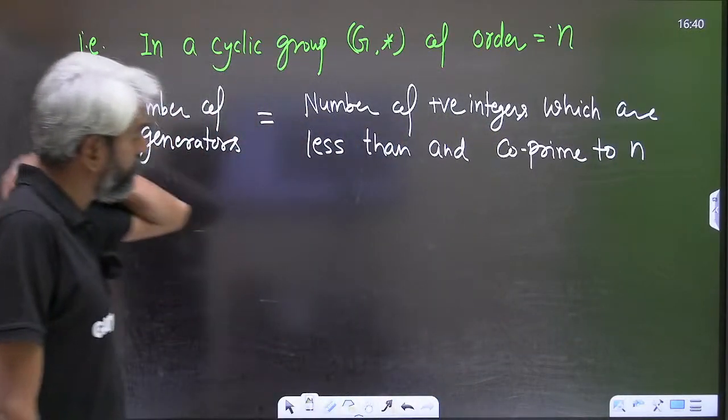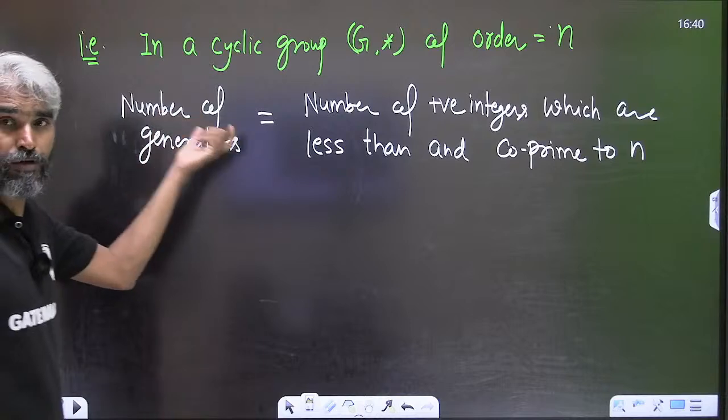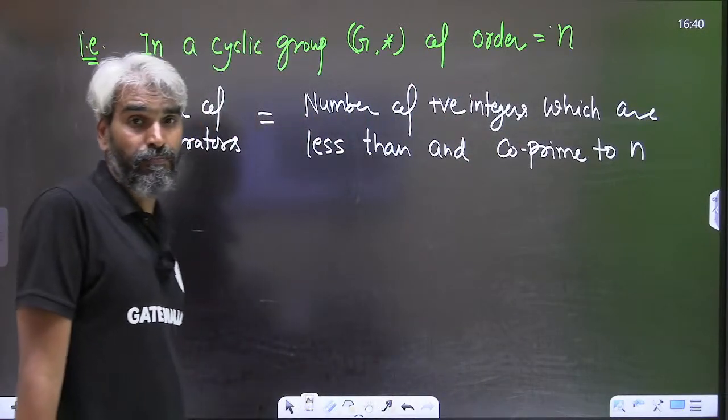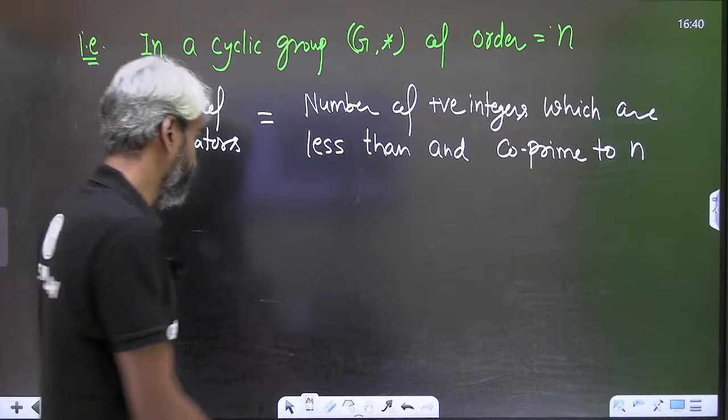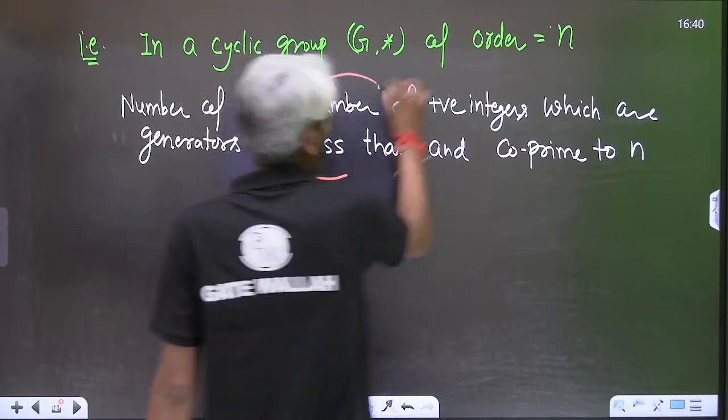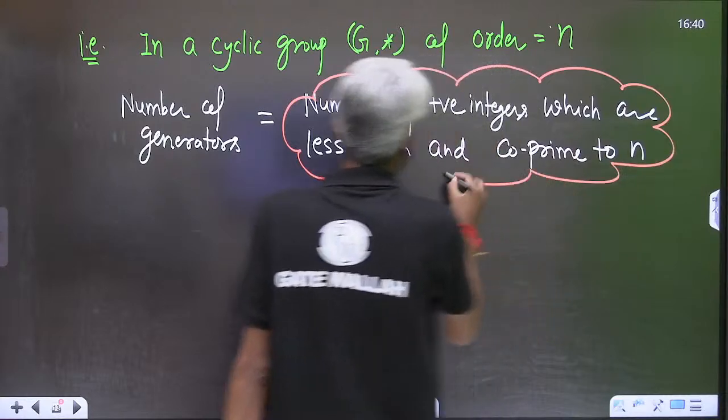So how many generators will there be? The number of generators will be the same as the number of positive integers which are less than n and co-prime to n.